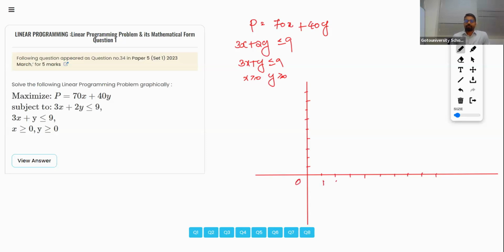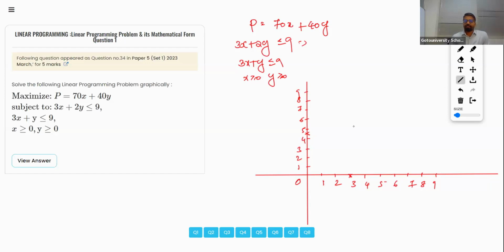So this is 1, 2, 3, 4, 5, 6, 7, 8, 9. Now the first equation: when x is equal to 0, y becomes 4.5, and when y is equal to 0, x becomes 3.